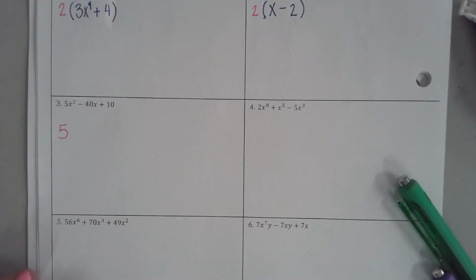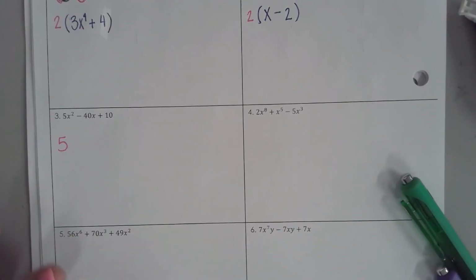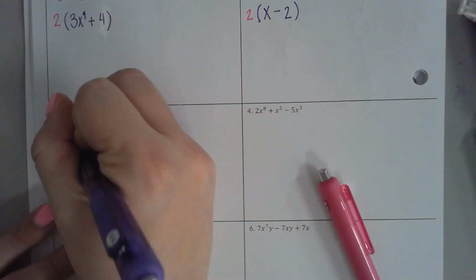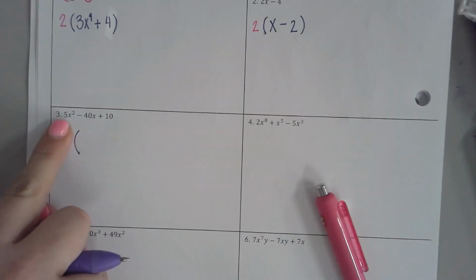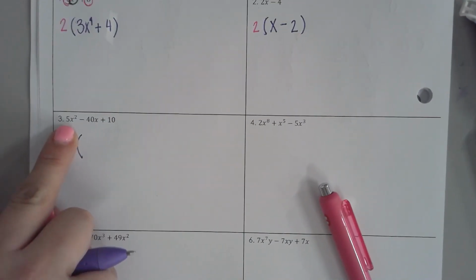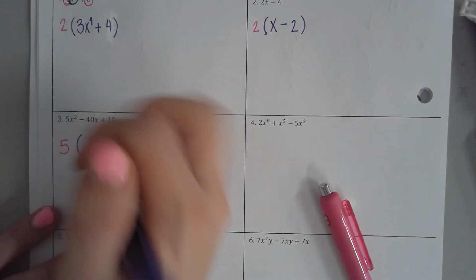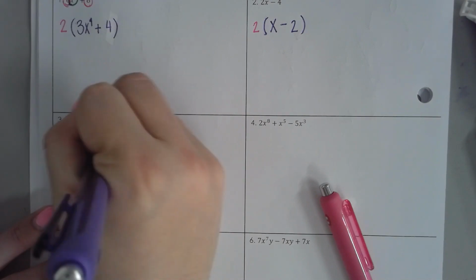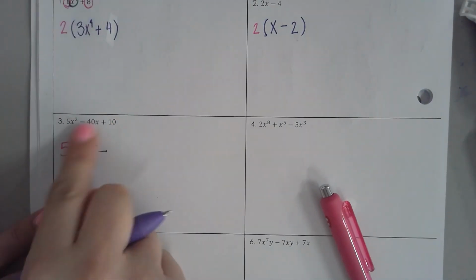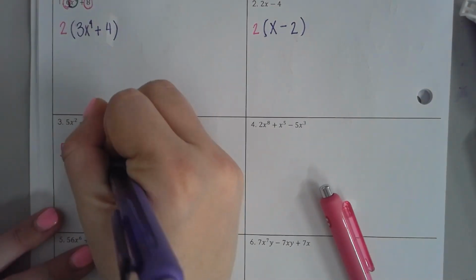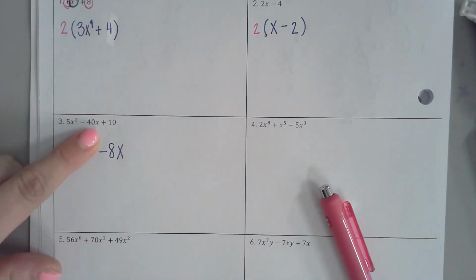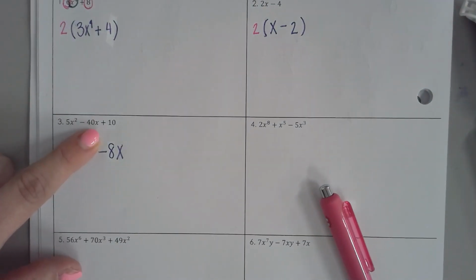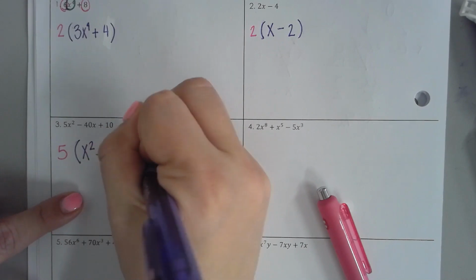No. So can't put any x out with your GCF. So now if I divide by 5, this first term, I'm just left with an x squared. Minus 40 divided by 5 is 8, and that one still had the x. The x didn't go anywhere. Plus 2.